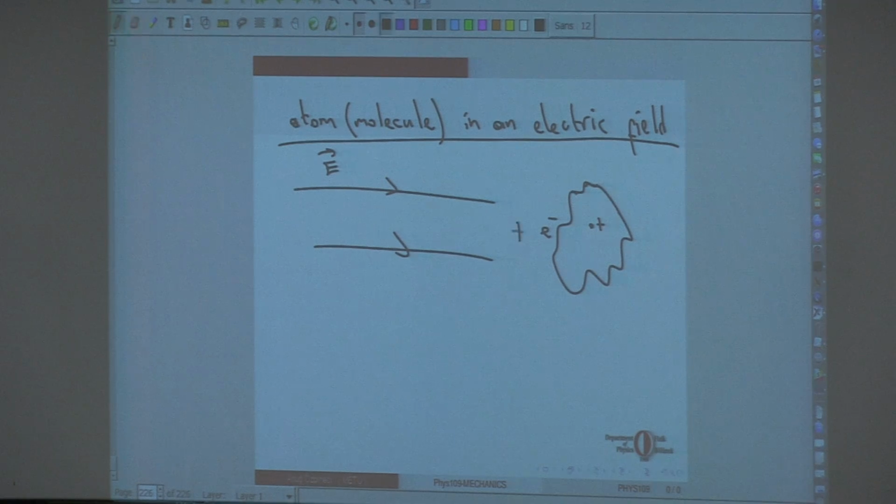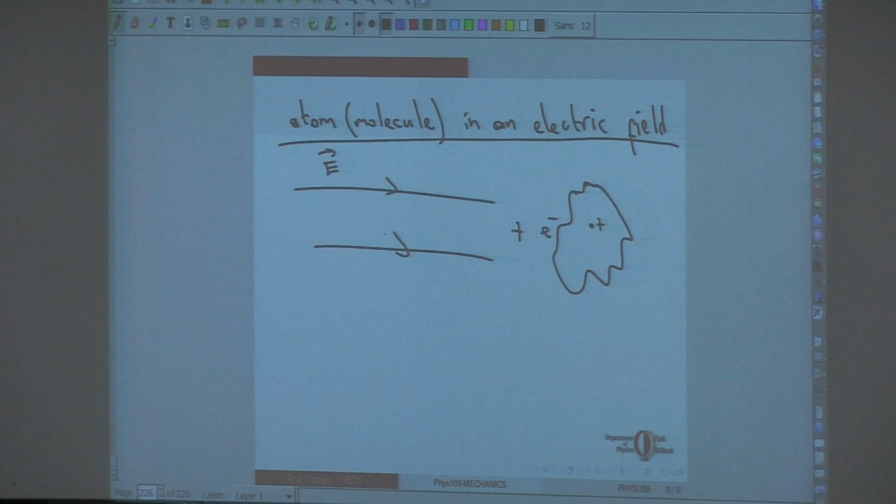So we have the electric field, and we put the atom inside. It might be that this atom doesn't have any polarity: the negative charges are homogeneously distributed, the center of the negative charge and the positive charge are the same. But the moment that we put it in an electric field, the positive charge will be pushed in one direction, the negative charge will be pushed in another direction.